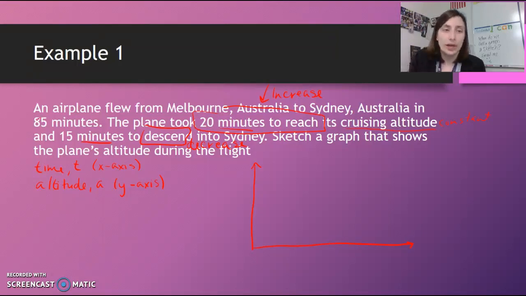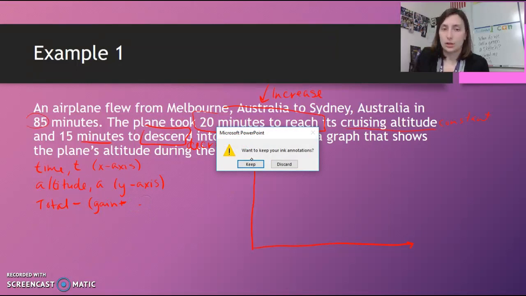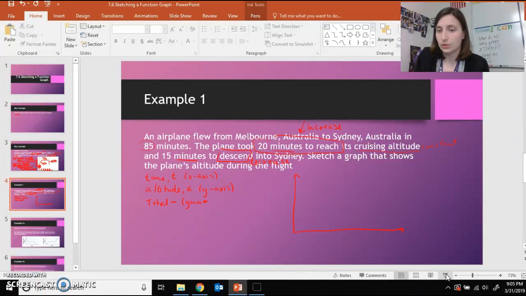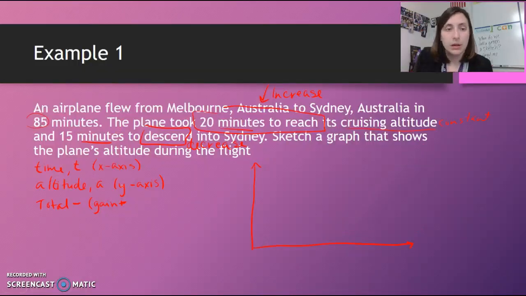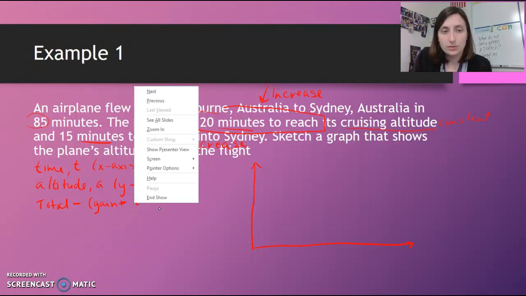So I know I go for 85 minutes, and I need to find my duration of cruising altitude. So I'm going to start with, again, my total, and I'm going to subtract the time to gain altitude plus the time to descend.